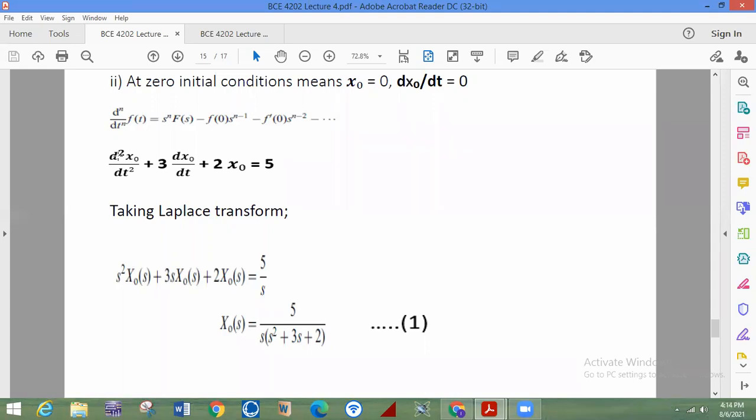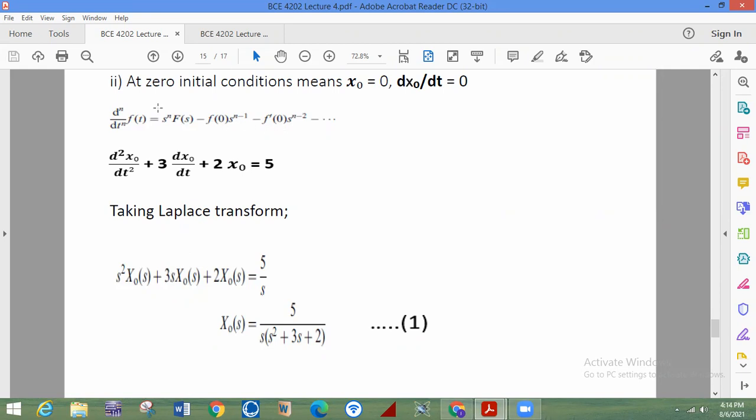Okay, so let's finish this off. I think at this point, when we have 0 initial conditions, these terms diminish or disappear. This term and this term, they disappear.